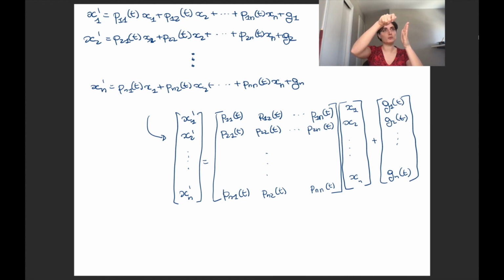So we have p11 in the first position, p12 in the first line second position, down to p1n in the first line nth position. And the same goes for p21, p22, p2n, pn1, pn2, pnn. And this big matrix of functions depending on t gets multiplied by a vector of x1, x2, and so on. And if we are in the non-homogeneous case, you also have to add a vector with the non-homogeneous terms.